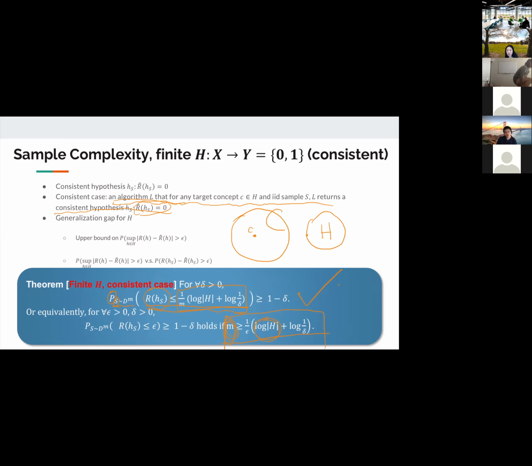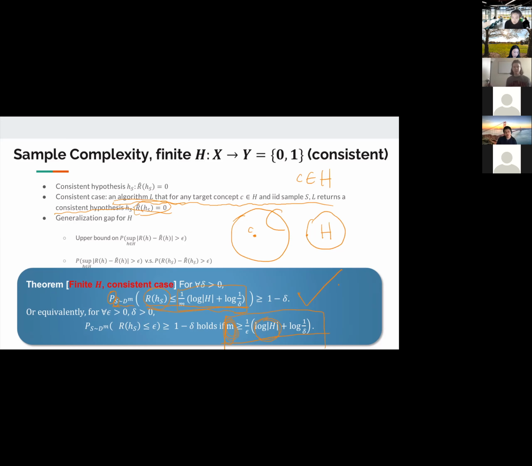If you have an infinite number of examples in your sample, you will make a mistake, because your hypothesis H just does not include your C. Thanks, that makes sense. Yeah, so that means that C has to be within H for it to have an empirical error 0, or for it to be consistent.